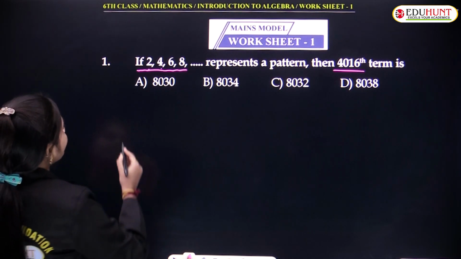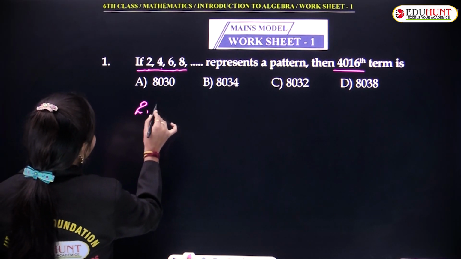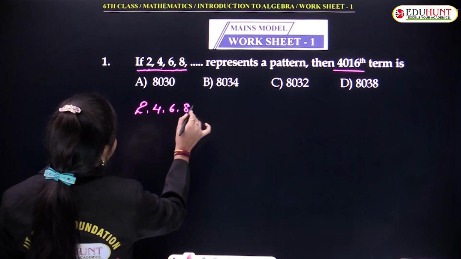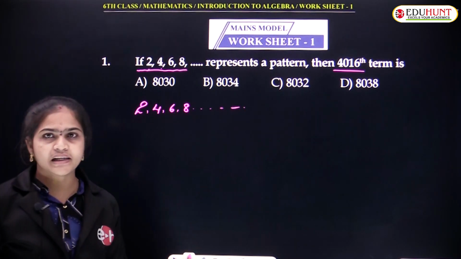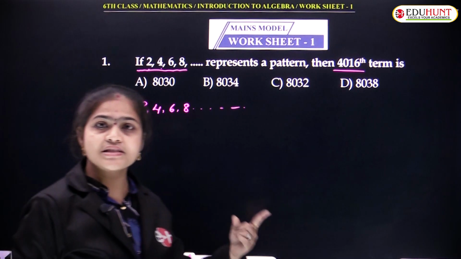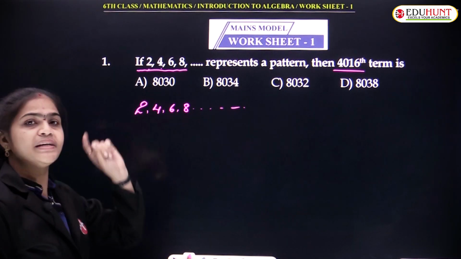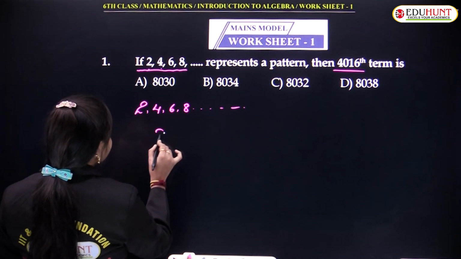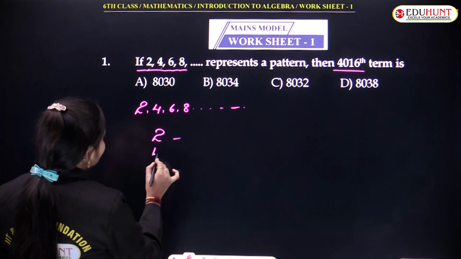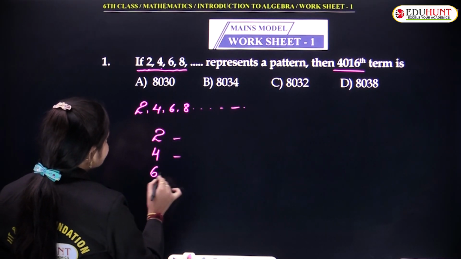Okay, let us see what numbers they have given: 2, 4, 6, 8 and so on. Am I clear? Now, what is the first term here? The first term is 2. The second term is 4. Third term is 6.